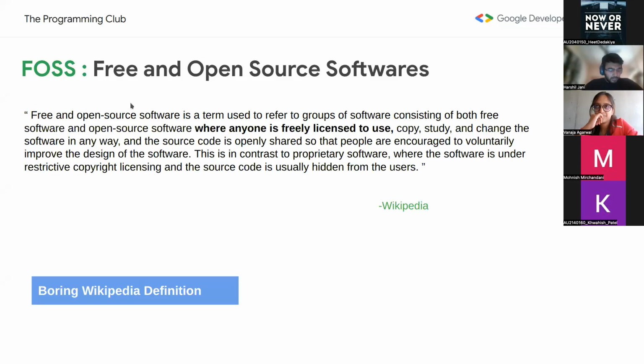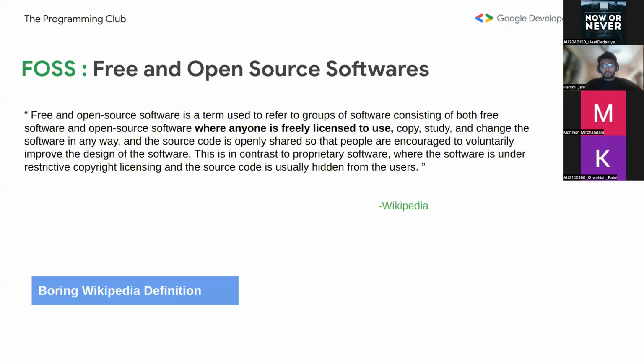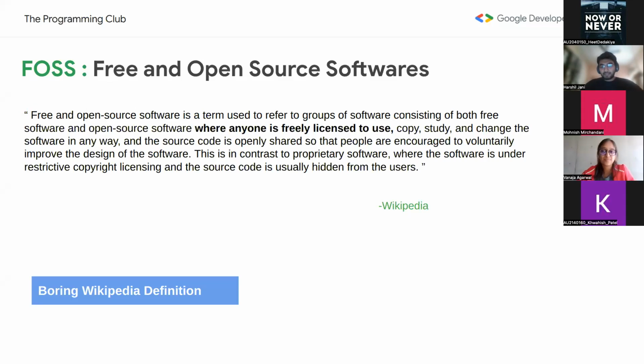The best part is that the word free does not mean you don't have to pay for the services, but that anyone is freely licensed to use. So free is in the sense of freedom. You can still get charged for premium services, but the source code is available to you. You can tweak it and use it in any way you would love to use it.